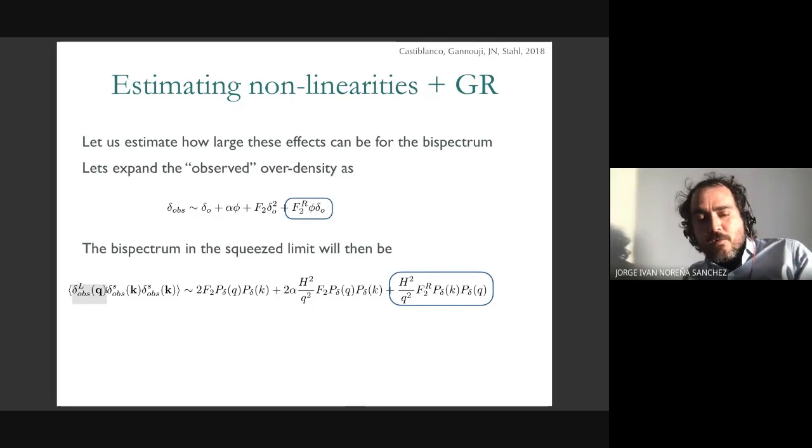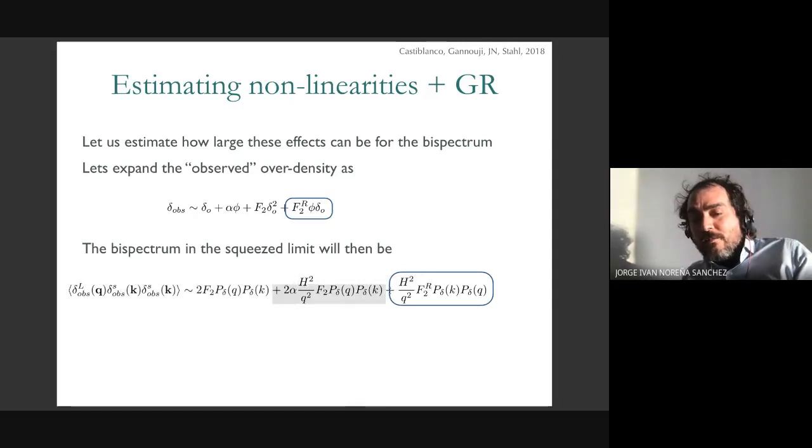So here, this is a long wavelength mode that I can take approximately linear. I'm taking it linear in this scheme. And these are nonlinear, so I'm taking the F2 for them. And when I correct the linear expression for the long wavelength mode, I get this term. But if I also include the relativistic corrections to the short wavelength modes, I get this term. And this term is of the same order of magnitude as this one.